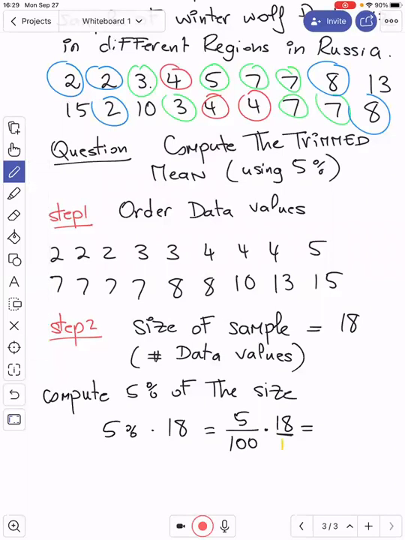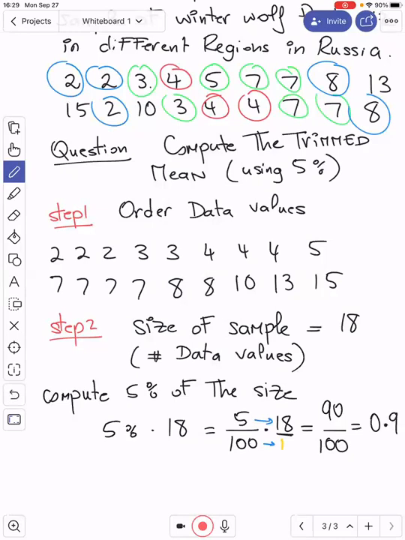It doesn't change anything. Now, this is just a multiplication of fractions, right? So you multiply straight across, 5 by 18 over 100 times 1. So, 5 times 18, that's 90 over 100 times 1, which is just 100. All right, so 90 over 100, you just use your calculator. This is just 0.9.